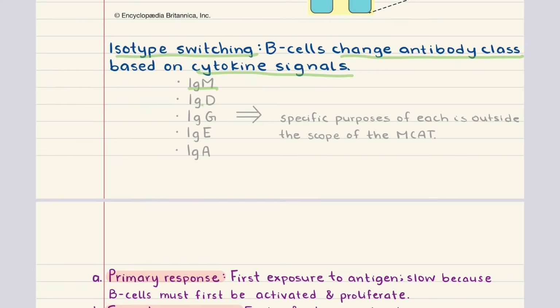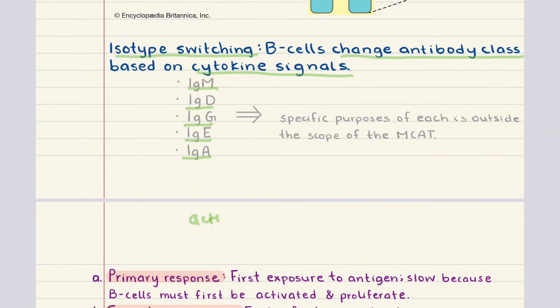The major antibody isotypes are IgM, IgD, IgG, IgE, and IgA. While the MCAT does not require knowing the specific roles of each, it is important for us to understand that isotype switching changes the functional properties of the antibody without altering its antigen specificity.